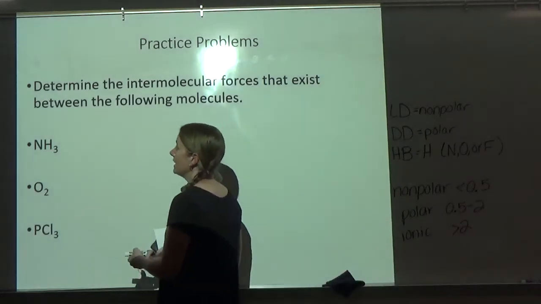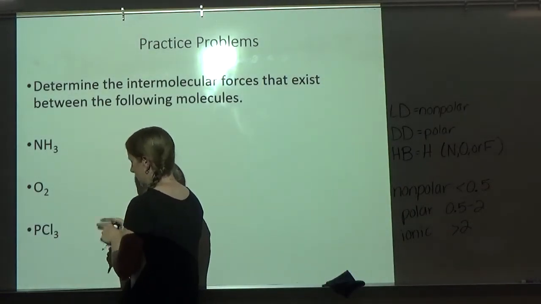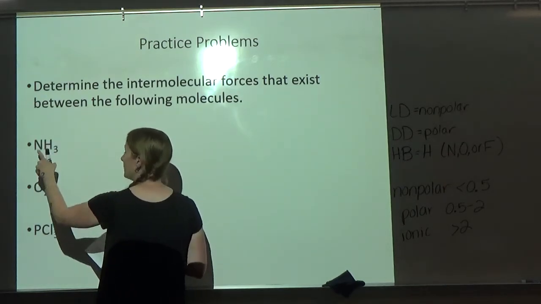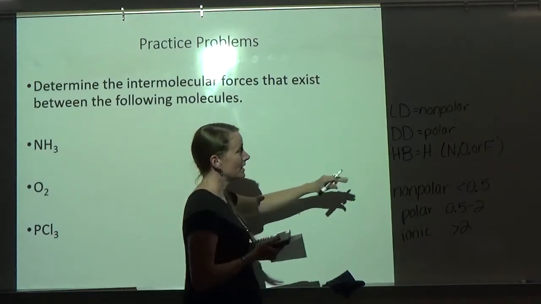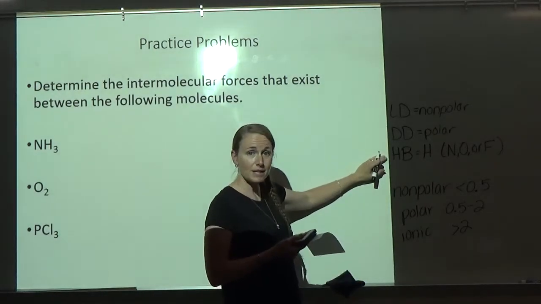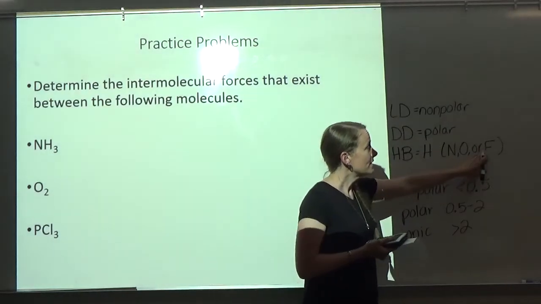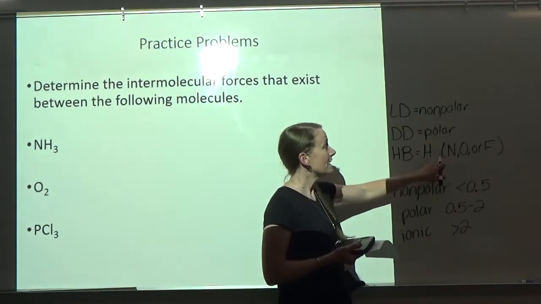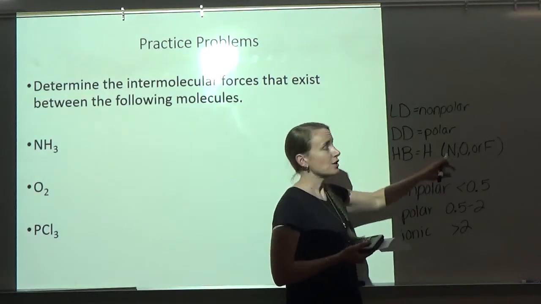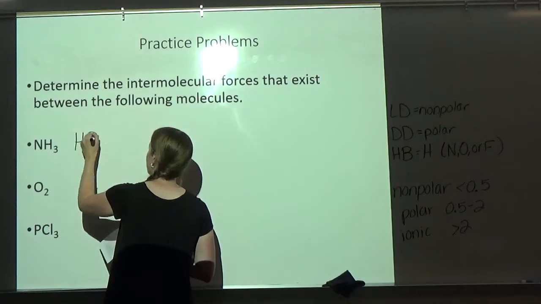Alright, so we have NH3. I'm not going to subtract my electronegativities first, because I'm going to look and see if it's hydrogen bonding. So N is one of the electronegative elements that H can be attached to for hydrogen bonding. So I can already tell just based on my elements, this one has hydrogen bonding.